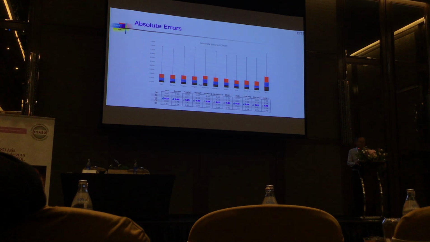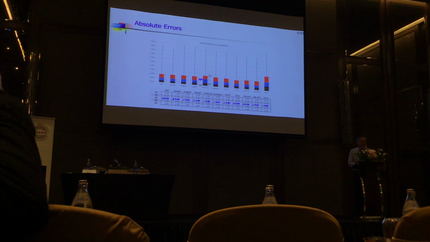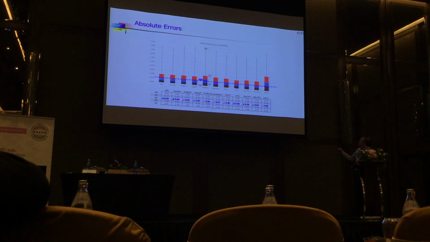Again, this is zero quartile, first quartile, second quartile, third quartile, and the outliers as well. What we are interested in is the median absolute error, which, if it's within a quarter of a diopter, is good. If it's larger, it is not as good. The more compact the box, the better.